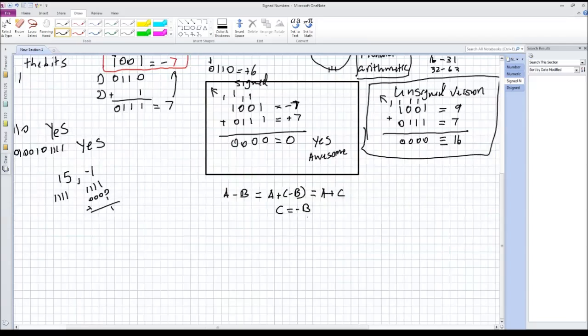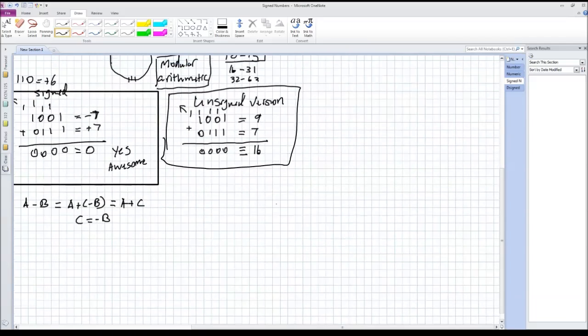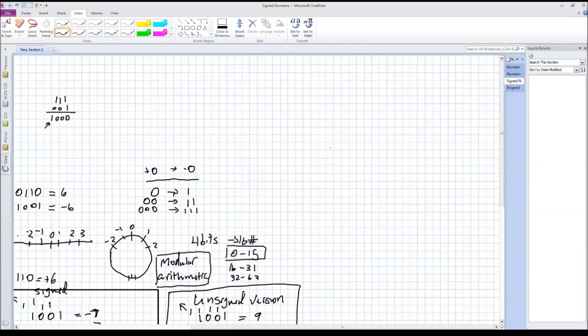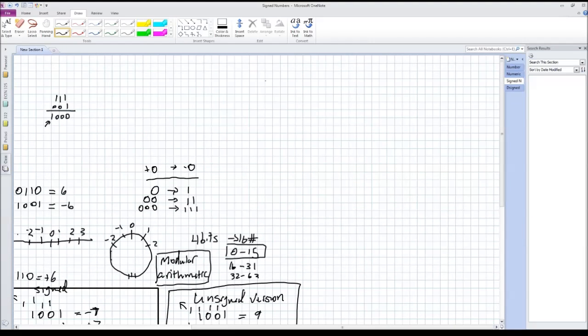But there is one interesting thing about 2's complement numbers, and I'm going to just come up here and make a little bit of space. So let's take the number 1000, still having 4 bits, and look at its 2's complement. We know the first step: 0, 1, 1, 1. Okay, awesome, we inverted the bits.